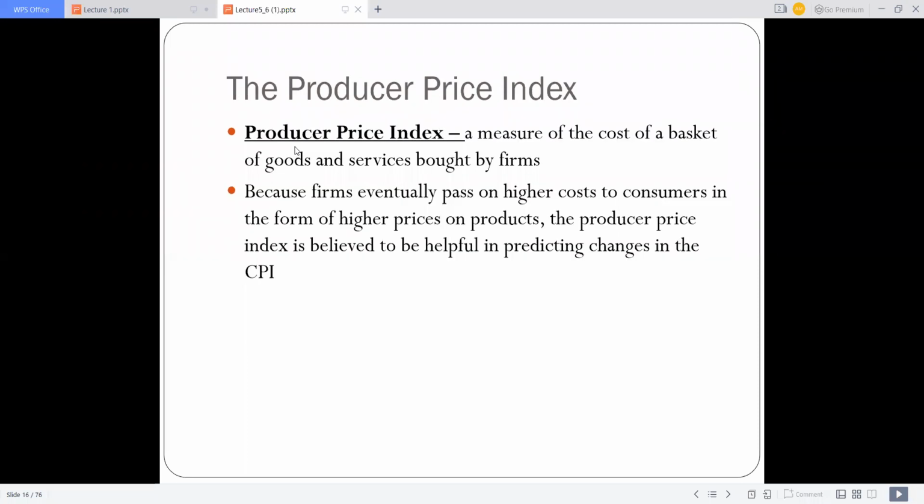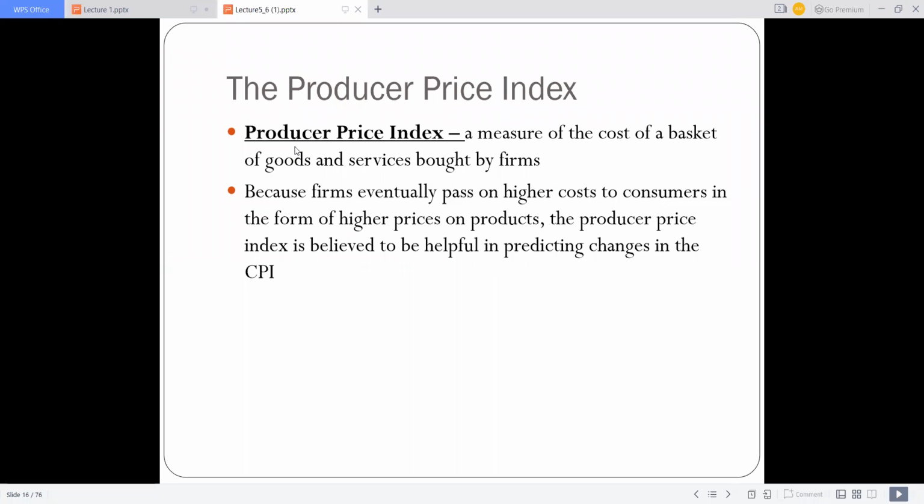Now, if the economy wants to measure a good standard of living, sometimes they don't look at consumer price index. They look at what you call the producer. And here they even stated in the slide that if you want to predict changes, you have to look at the producer price, because the producer may sometimes shift costs or shift taxes or even prices to the consumers.